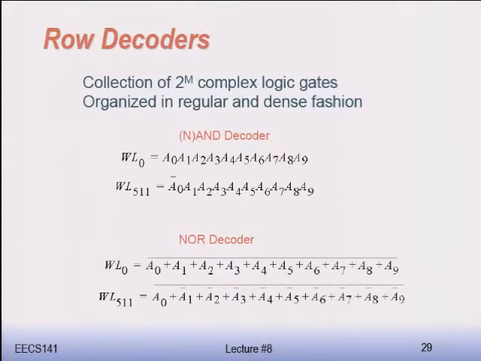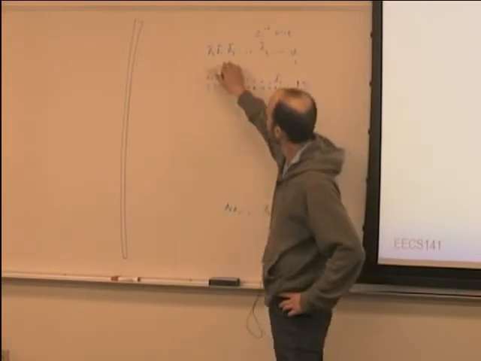And this is the same thing. One thing to note is that these are all AND functions. If you have an AND, you can use De Morgan or put an inverter.